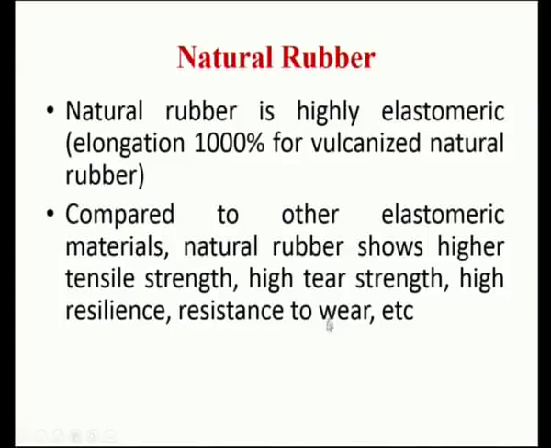These three properties, high tear strength, wear resistance and tensile strength, are very important, and they are present in natural rubber but not in synthetic rubber. In most cases all three points may not be present in synthetic rubber. That is the advantage of natural rubber over synthetic rubber. Natural rubber is still in demand because of this peculiar property.